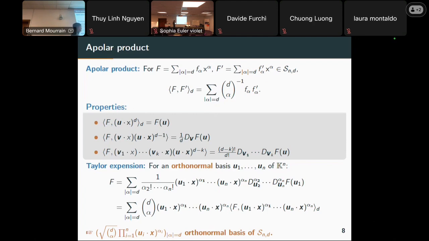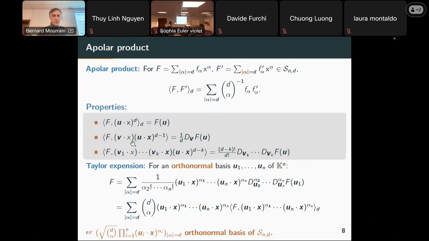This is the evaluation of f at the point u = (u_1, ..., u_n). So taking the apolar product with the power of a linear form is like evaluating it at the point.